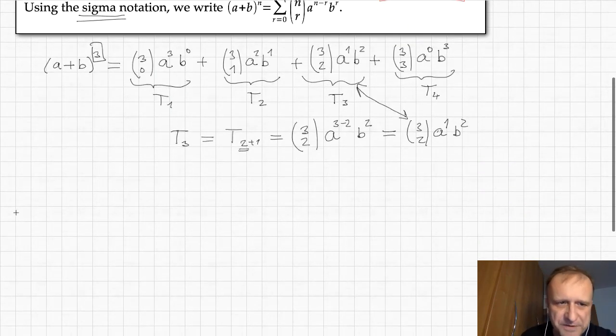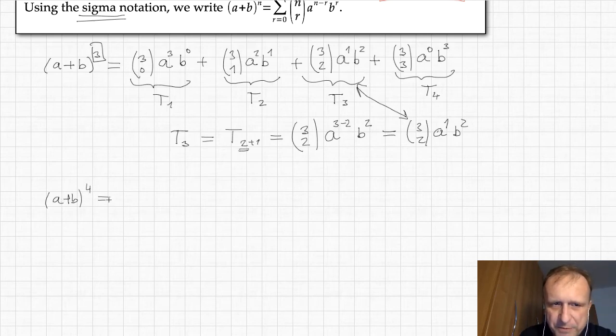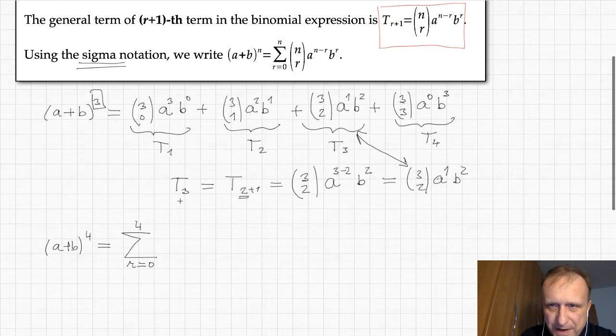They are varying, but they form the correct formula. So to show you how it works, I will use it for a plus b to the power of 4. A plus b to the power of 4, according to this, should be the sum of r equals 0 to 4 of, and I have n choose r. In my case, n choose r would be 4 choose r. R is variable.